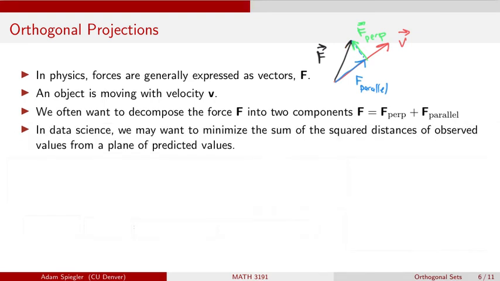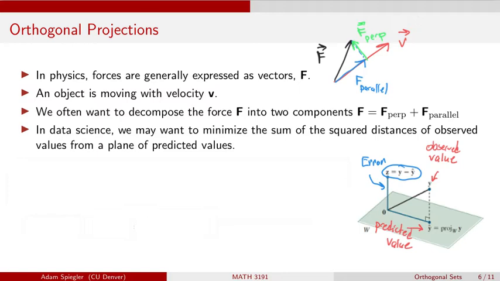This idea of an orthogonal projection is also really important in data science. And so let me explain what's going on in this figure in the lower right side of this slide. That is, let's say we have an observed value of some response variable, y, and we want to fit a model that's going to make some predictions of, given some values of x, how can we predict what the value of y is going to be?